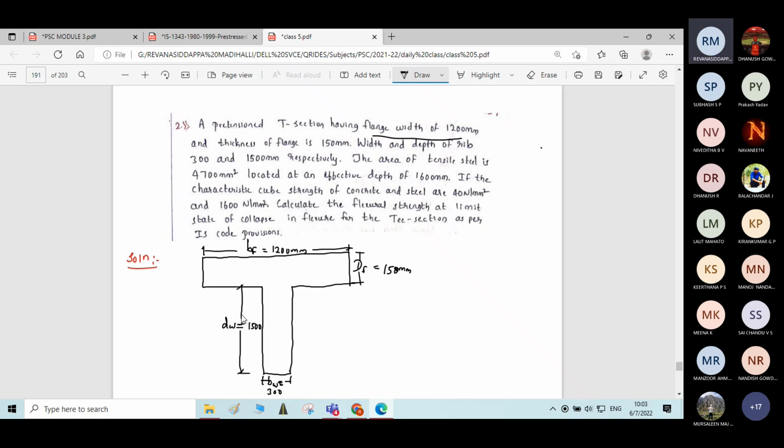Okay, the area of tensile steel is 4700 mm square located at an effective depth of 1600 mm. This is AP. He says that this area of steel is located at an effective depth D equal to 1600 mm.